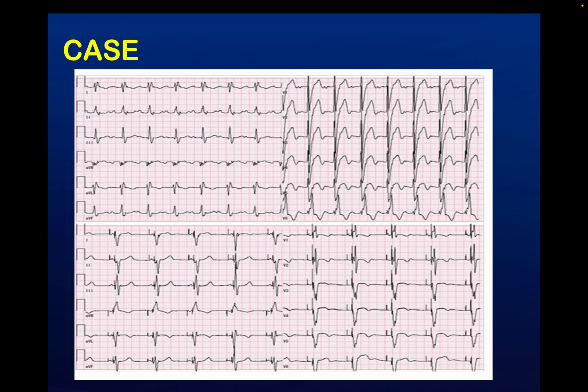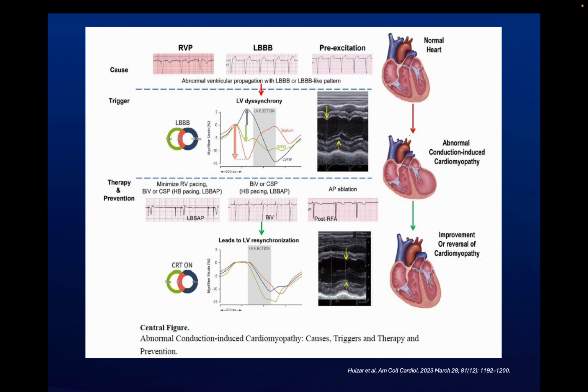This is another example of dyssynchronous electrical activity resulting in heart failure, which is reversible and non-ischemic in nature. Here, the degree of reversal may not be certain, but changing the activation resulting in better synchrony will improve the ejection fraction from the pre-existing low and may or may not entirely correct it depending on the underlying comorbidities.